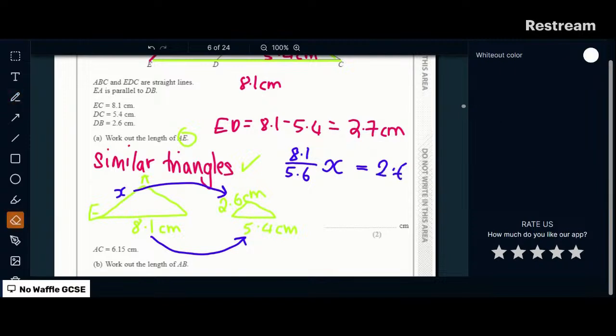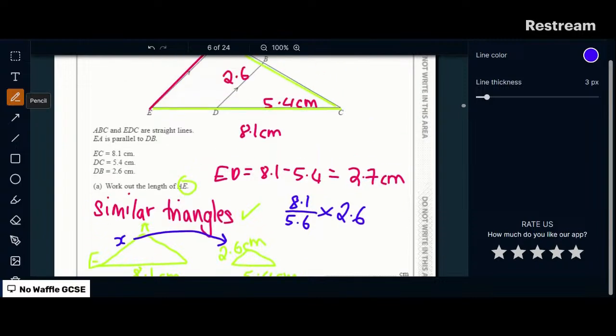Or in this case, it will be 8.1 over 5.6 multiplied by 2.6. And therefore, your answer should be 3.76.